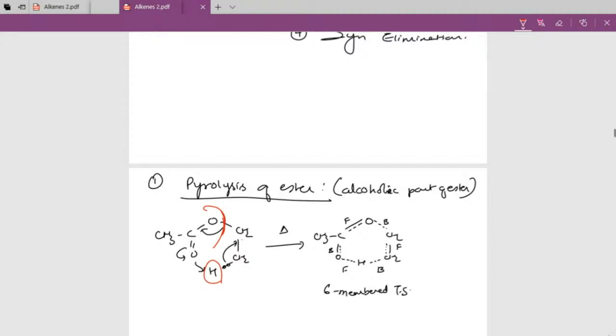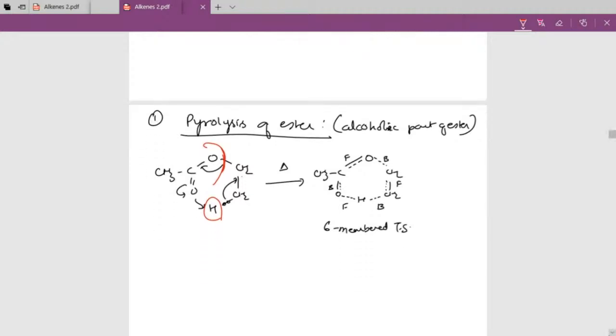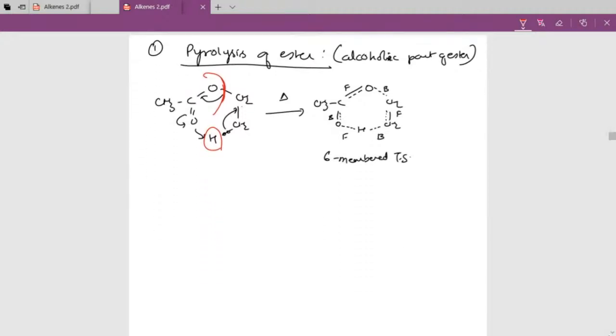Then only this cycle formation can take place, otherwise not possible. So it is a syn periplanar elimination, and it will always attract the H which is more acidic. So it is always Hoffman. And when it completes, we will have CH3COOH plus CH2 double bond CH2.